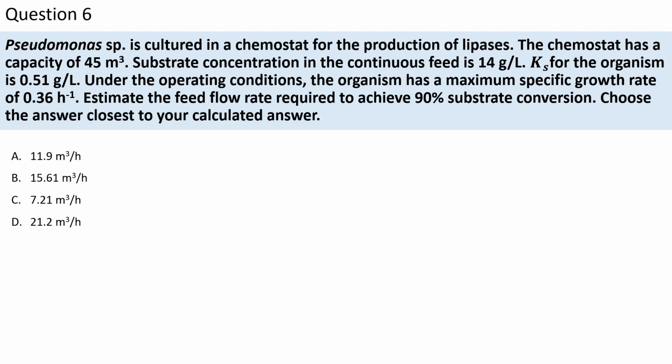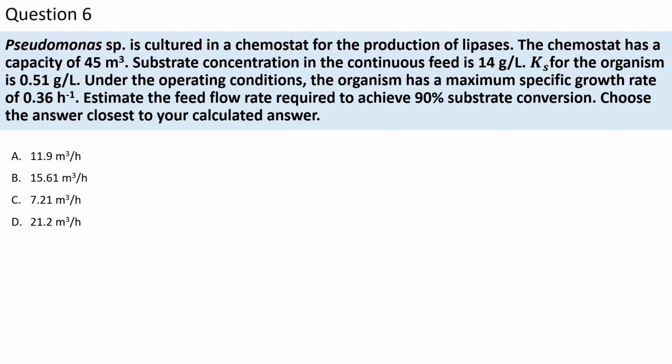Sorry, one more time, I just wanted to read this question. Pseudomonas species is cultured in a chemostat for the production of lipases. The volume that is given here is 45 meter cube.